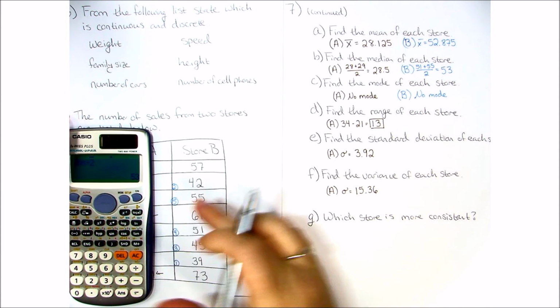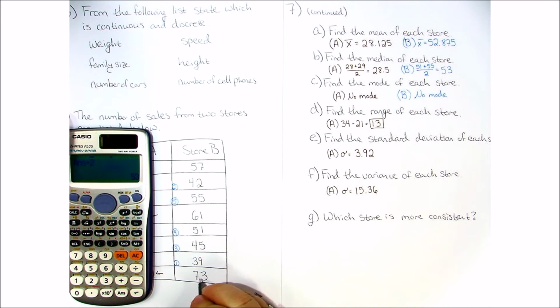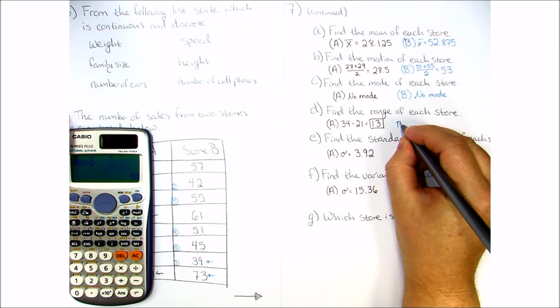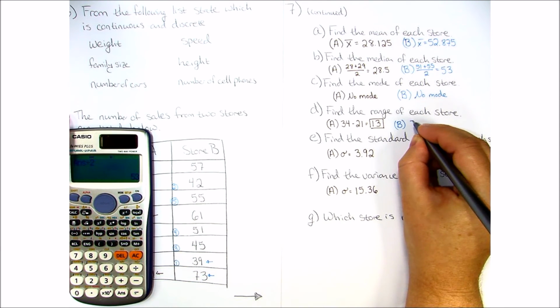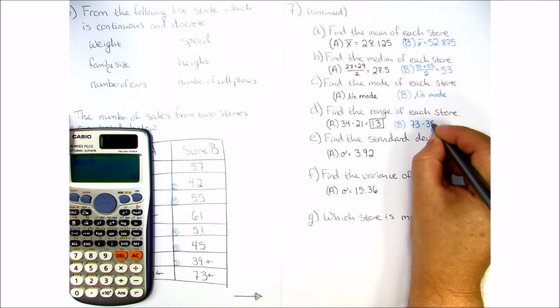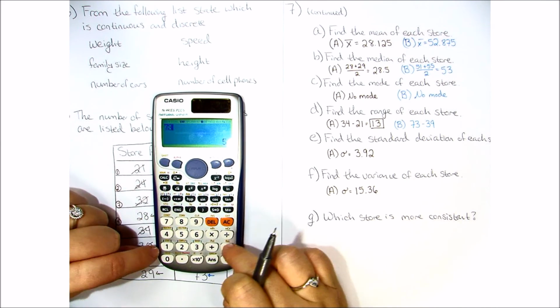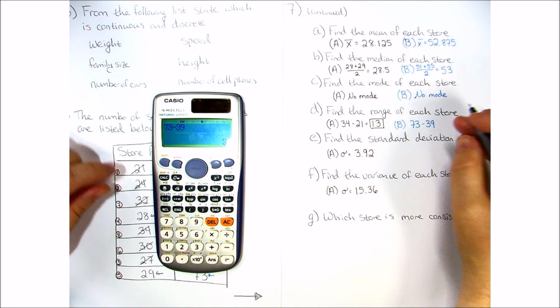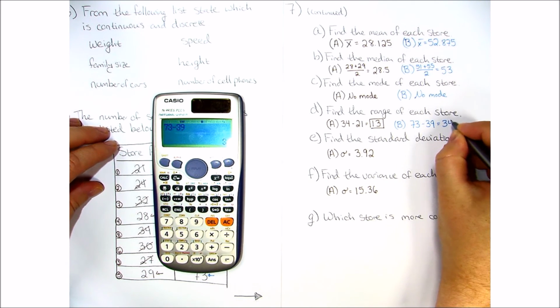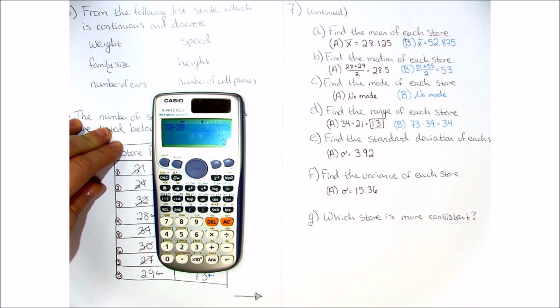Now the range is the largest number, which is right here, 73, and the smallest number, which is 39. So 73 minus 39, I'll go ahead and do that on my calculator. 73 minus 39 gives me a range of 34. Okay, so the range is a lot bigger with B.